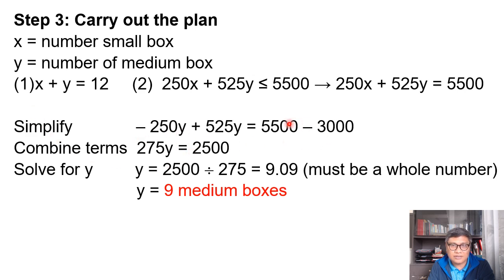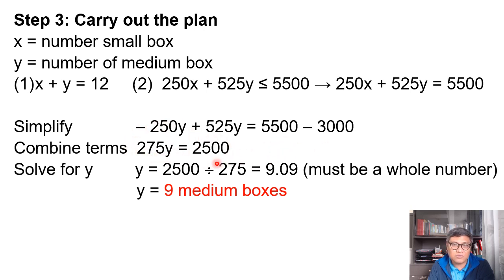We have the negative 250y from the right side, then the 3,000 from the left side will be moved to the right side, becoming negative 3,000. Then simplify again by combining. Negative 250 plus 525 will be 275, the common y variable. 5,500 minus 3,000 is 2,500.